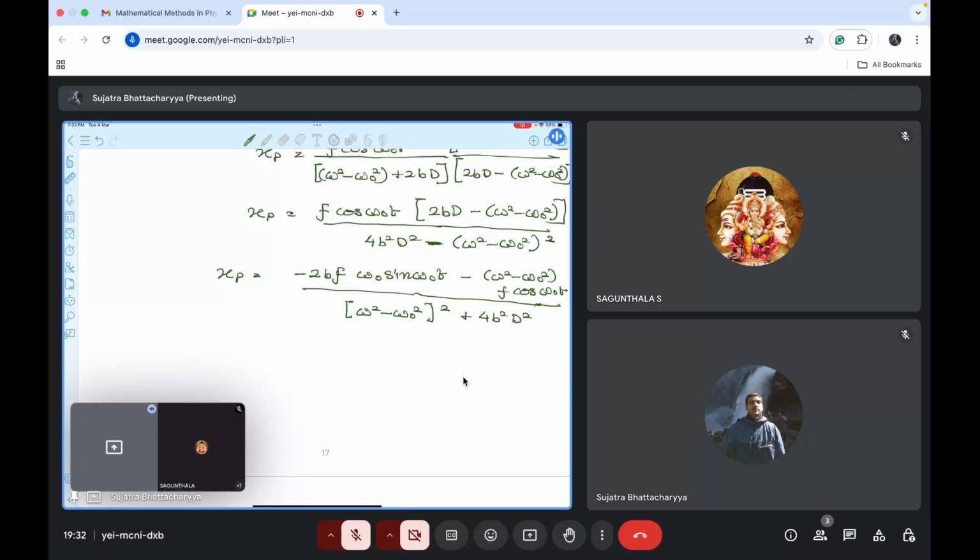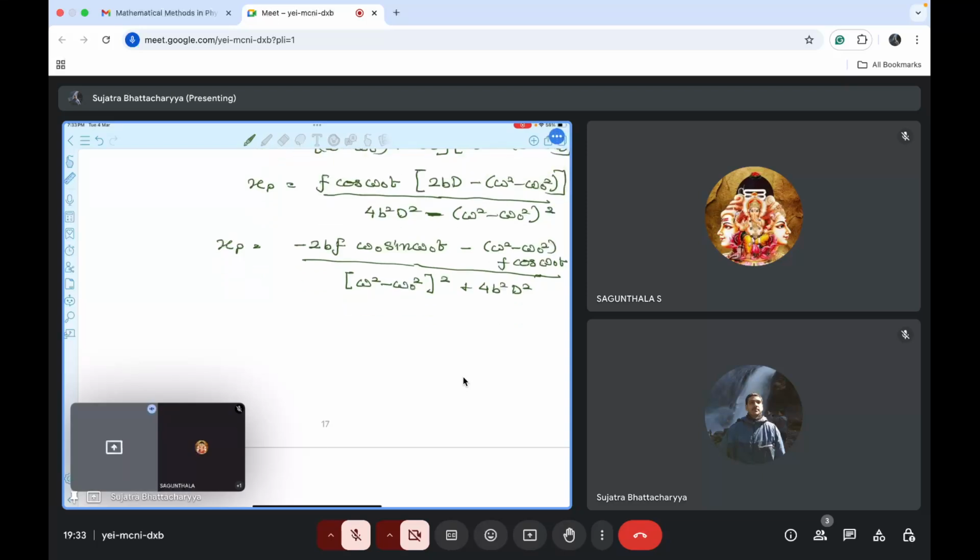A negative sign will come because I have made it in such a way that it will be coming. Okay, when you solve, you will get it. So it will be omega square minus omega naught square f cos omega naught t plus 2b omega naught f sin omega naught t. Just rearrange in certain terms, that's all.